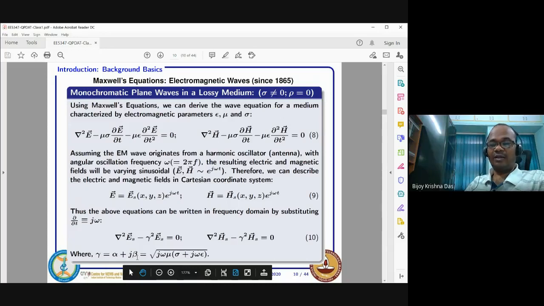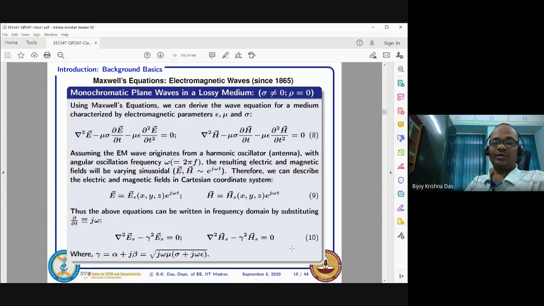They themselves are real. Now if you look at equation 10, although e to the power j omega t is there and you are putting del t equal to j omega, e to the power j omega t will be there also. But that has been removed in equation 10 because it is a factor of the entire equation, so you can factor it out.